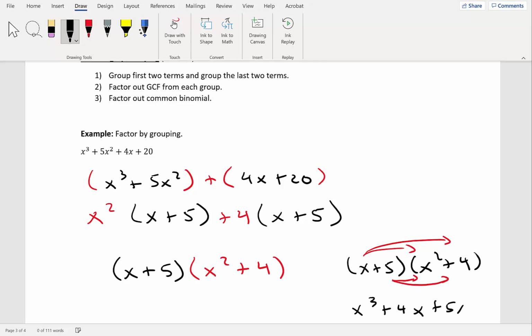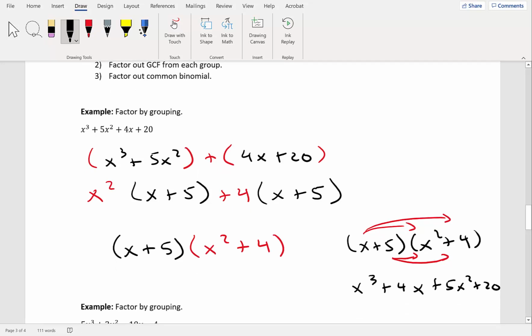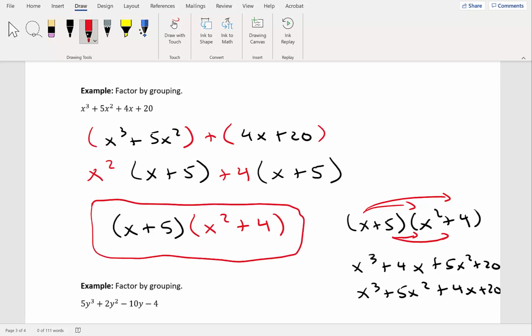We have plus 5x squared plus 20. And if you rearrange the terms in descending order, you have x cubed plus 5x squared plus 4x plus 20, which is exactly what we started off with in the beginning. Okay. So our answer here is x plus 5 times x squared plus 4.